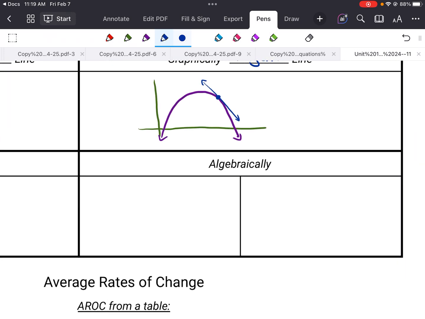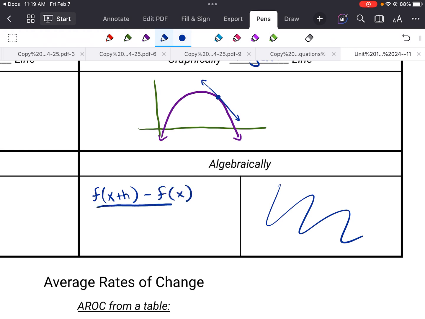And algebraically, we're not actually going to worry about the second one, but it is the f of x plus h minus the f of x divided by h. And h just represents a very small amount that we're going to add to x.